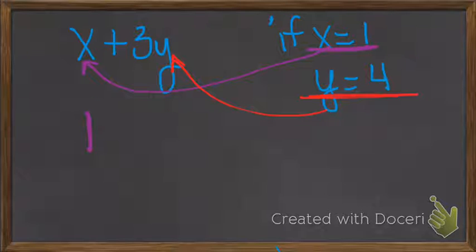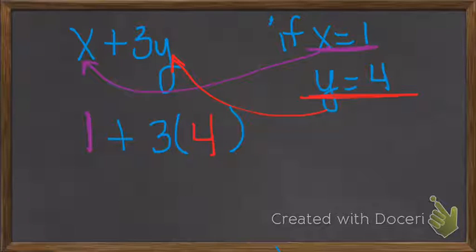So we have 1 plus 3 times 4. And then we're going to use order of operations to finish that out.